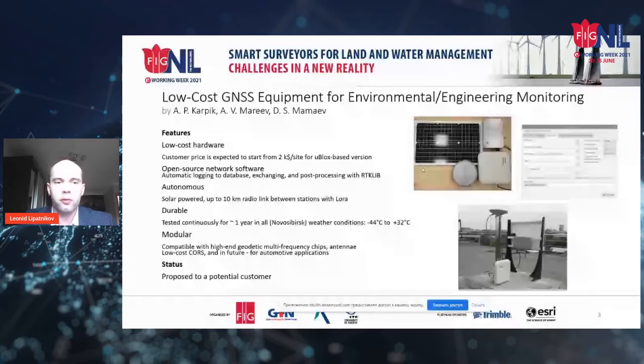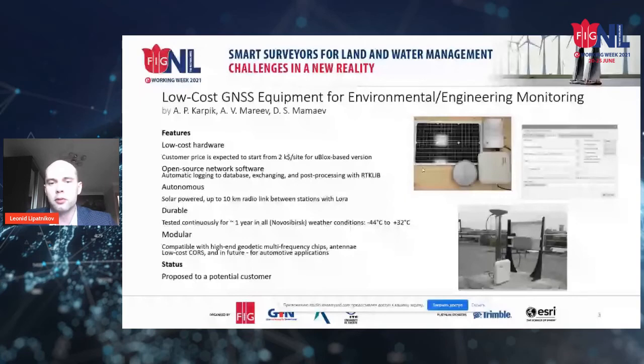It is intended for completely autonomous monitoring, and not all the stations within the monitoring network need to be connected to the internet because we have a radio link between them. And the key feature of it is that the equipment can work under really harsh conditions.